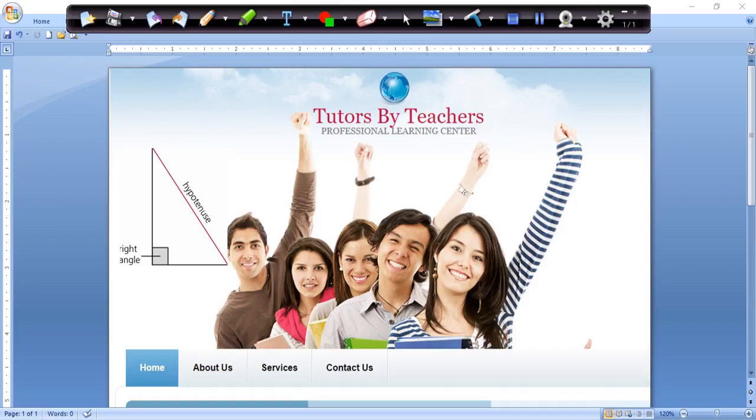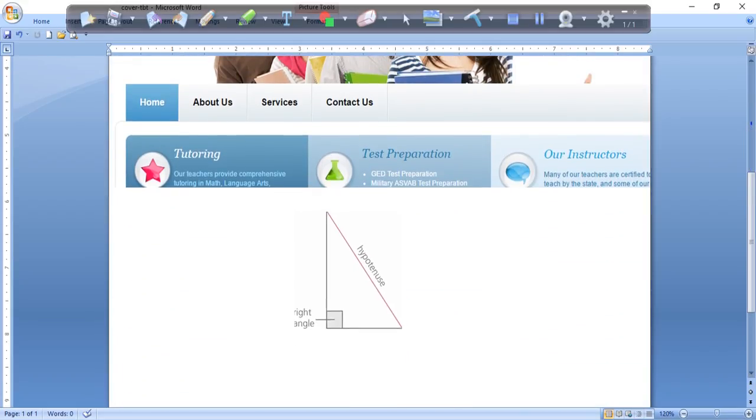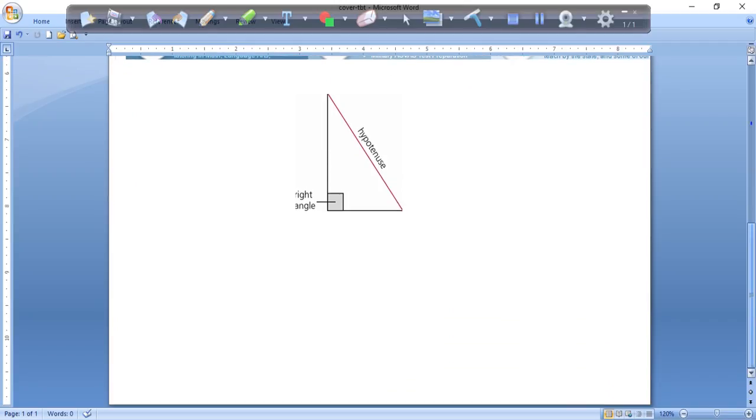Okay, let's get a blank space. So what we're looking at is what we call a hypotenuse triangle, okay? And the hypotenuse is the longest side of a right triangle, opposite the right angle.